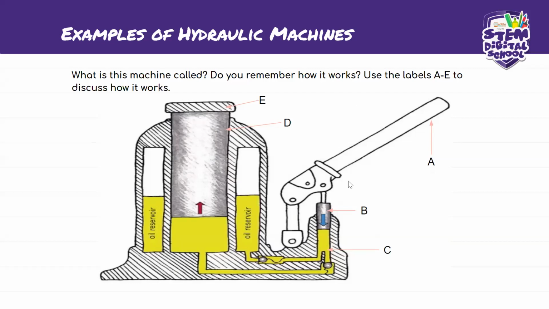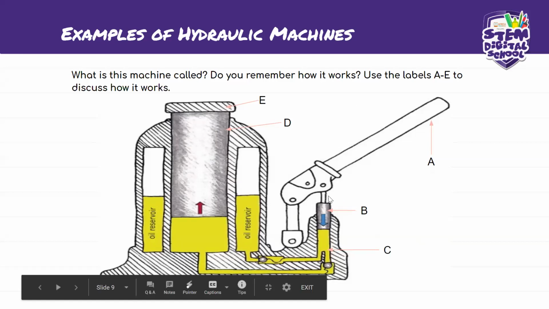Grade 9? It moves down. Very good. The arrow is giving us a clue. The input cylinder moves down.